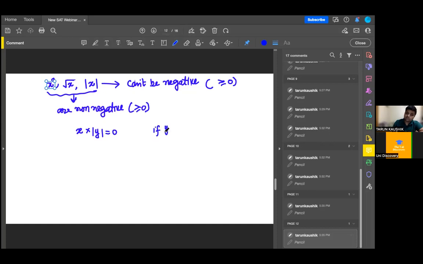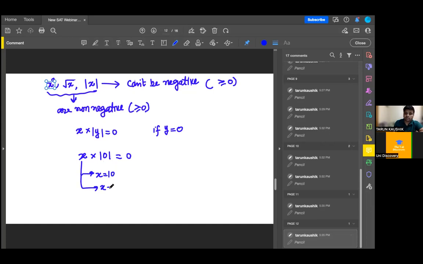Now as soon as I fix the value of y as 0, this equation becomes x times modulus of 0 is equal to 0. And if I multiply anything with 0, let's say x is equal to 10, 10 into 0 is 0.